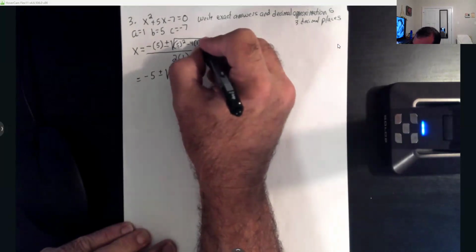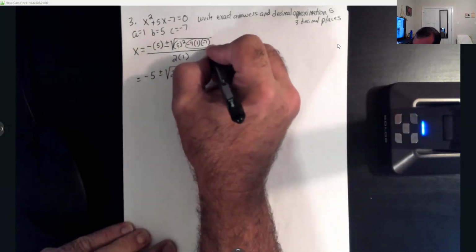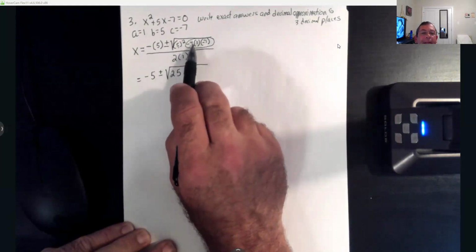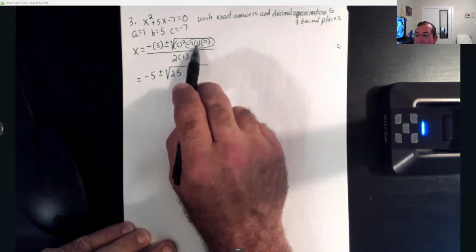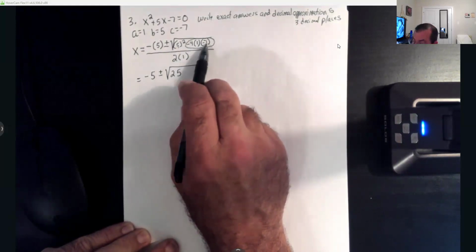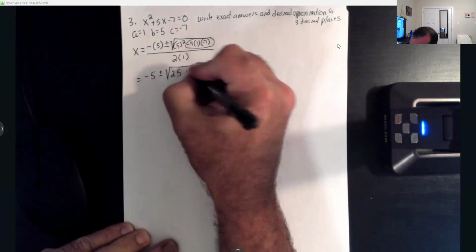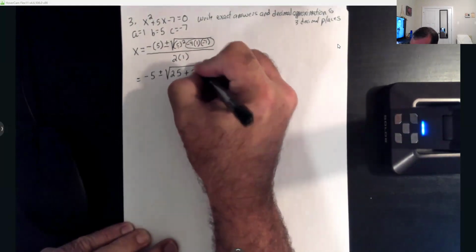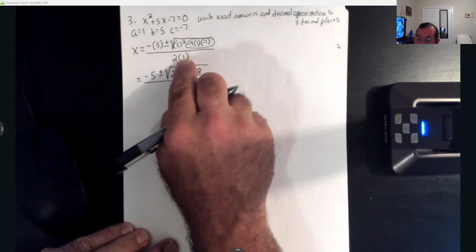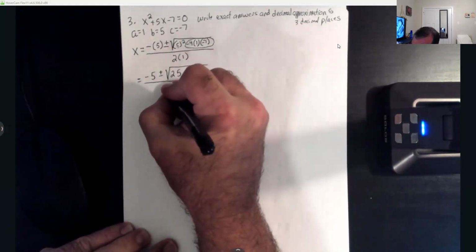Once again, everything on that right side is being multiplied. So -4 times 1 is -4. -4 times -7 makes that a positive 28. And y'all on the bottom, 2 times 1 is 2.